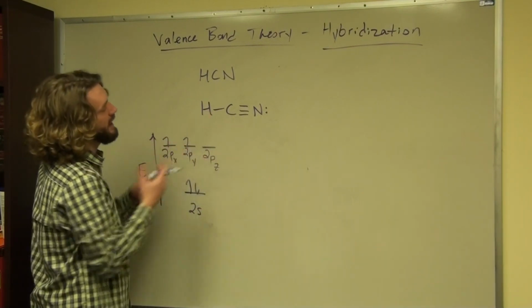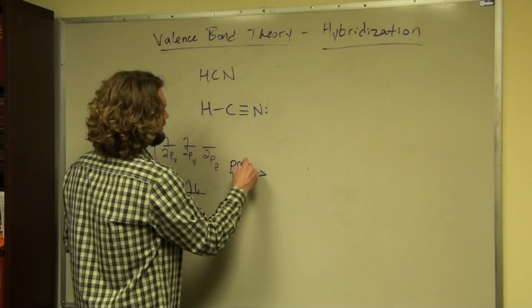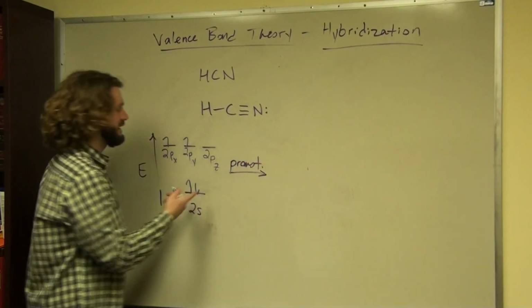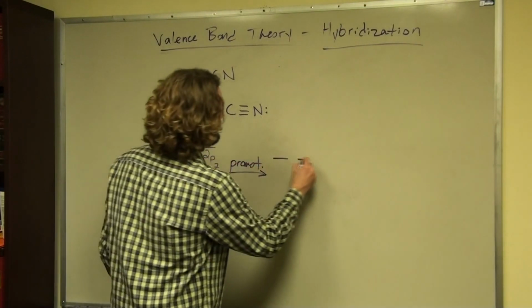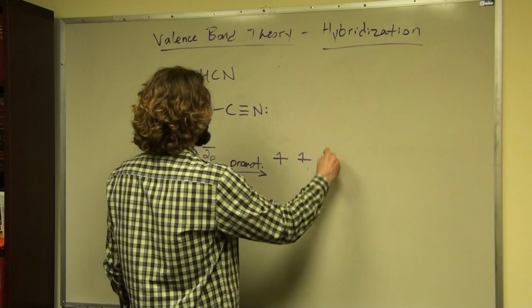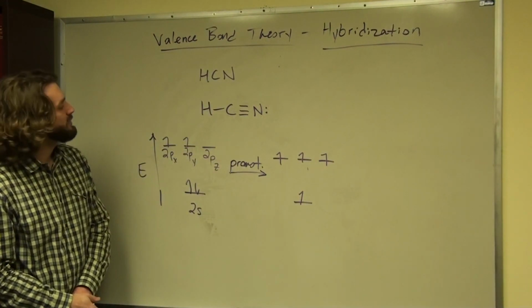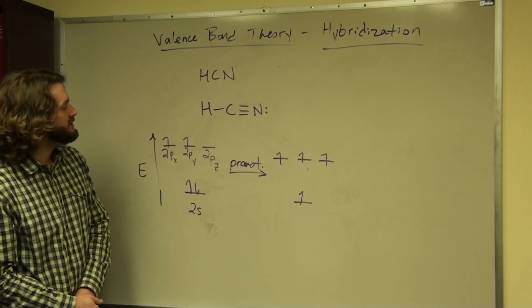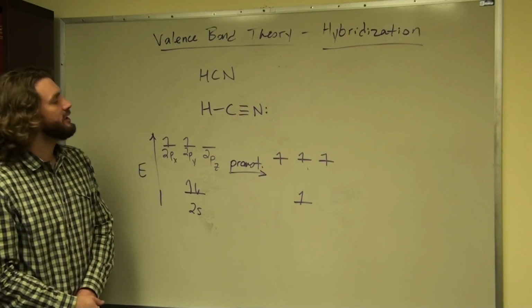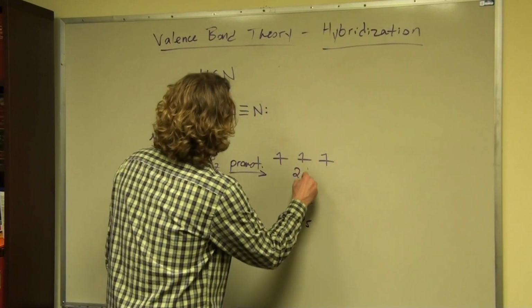When I bring these other atoms close, some energetic contributor is going to cause one of those 2s electrons to jump up from the 2s into the p orbital there to give me 4 electrons. Okay, and so now I'm ready to consider what's going to happen mathematically to these atomic orbitals to give me those hybrids that I need.